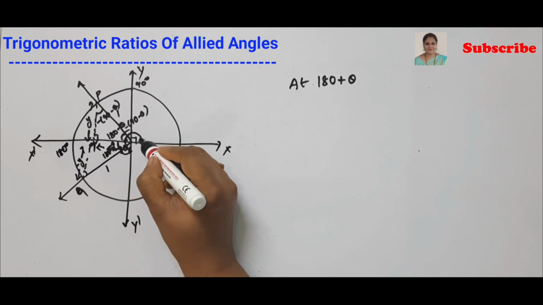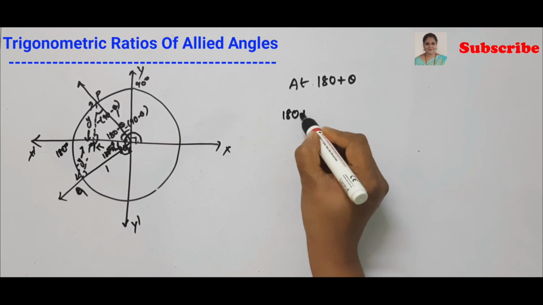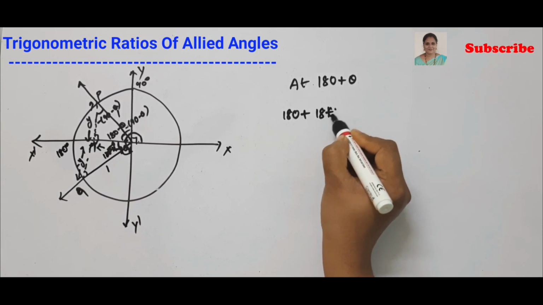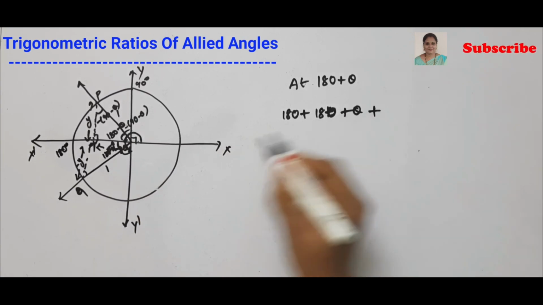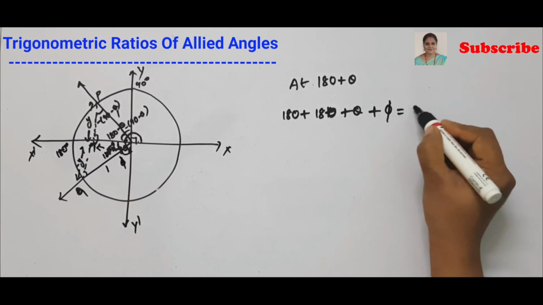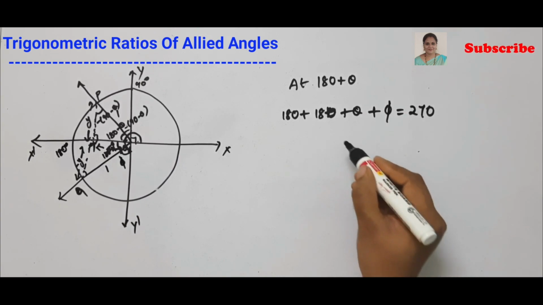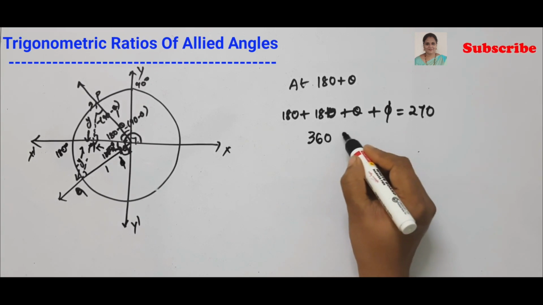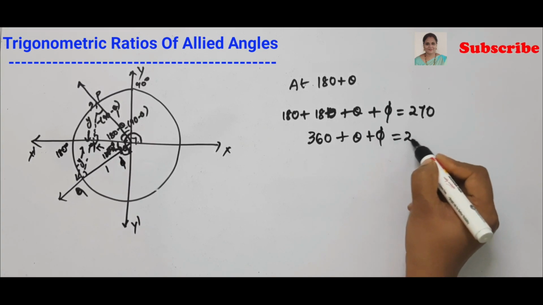So here 180 plus theta plus this angle, which we take as phi, equals 270. So 360 plus theta plus phi equals 270.